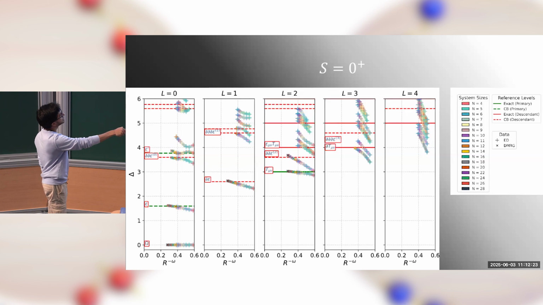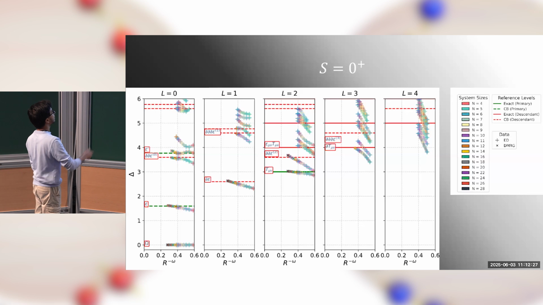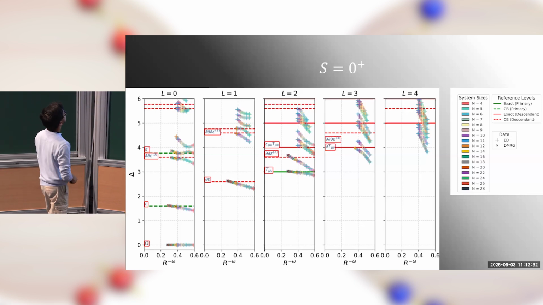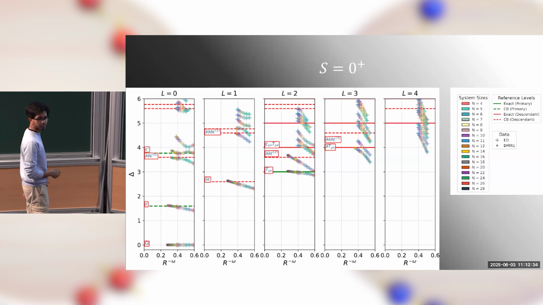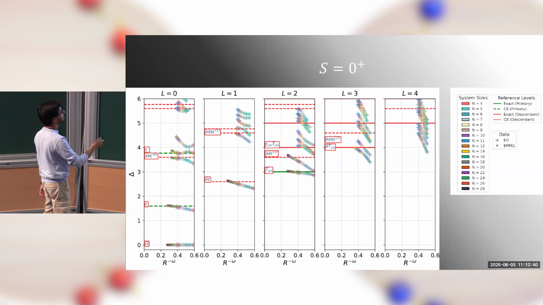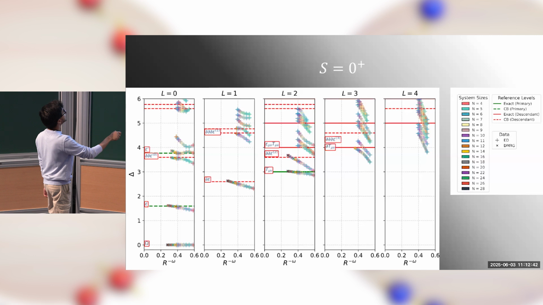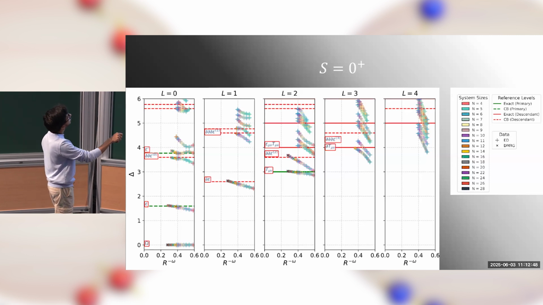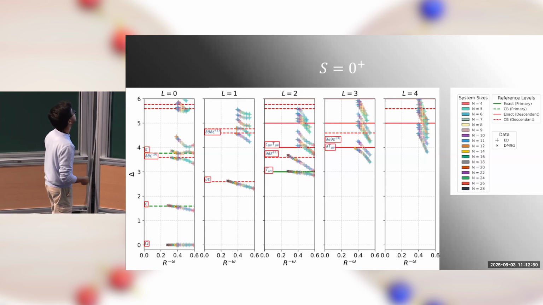Up to 12 is ED data, and after that is DMRG data. I put some reference levels. The green dashed line is primaries that are known from the bootstrap, and red dashed means descendants of those primaries. The solid green line means exact levels, like there are only 2, T mu nu and the conserved current, and the red solid are the descendants.